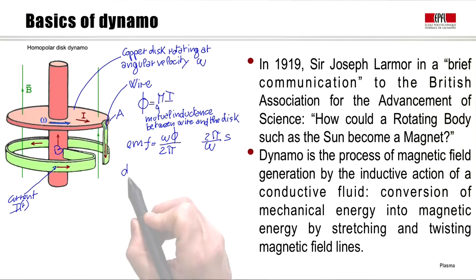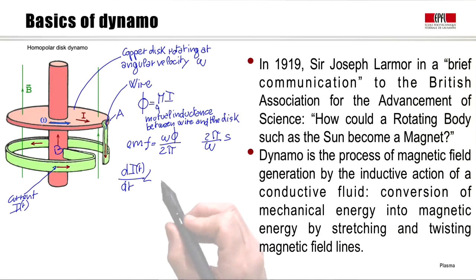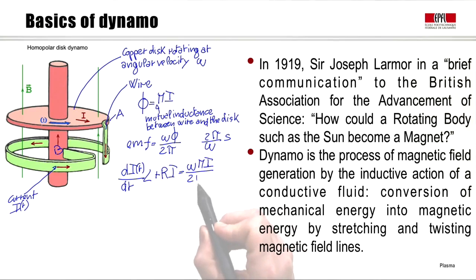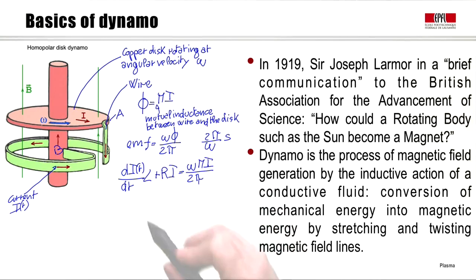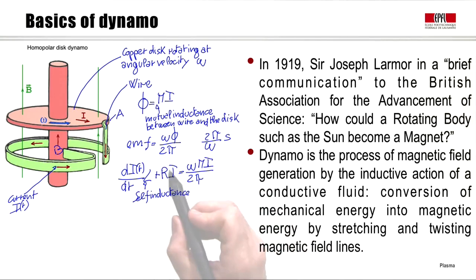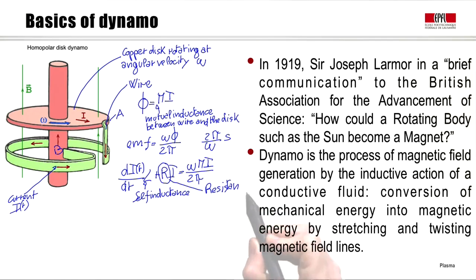We can therefore write the equation for the circuit in the following way, where L is the self-inductance and R is the resistance of the circuit. We can find a solution for this equation as follows.